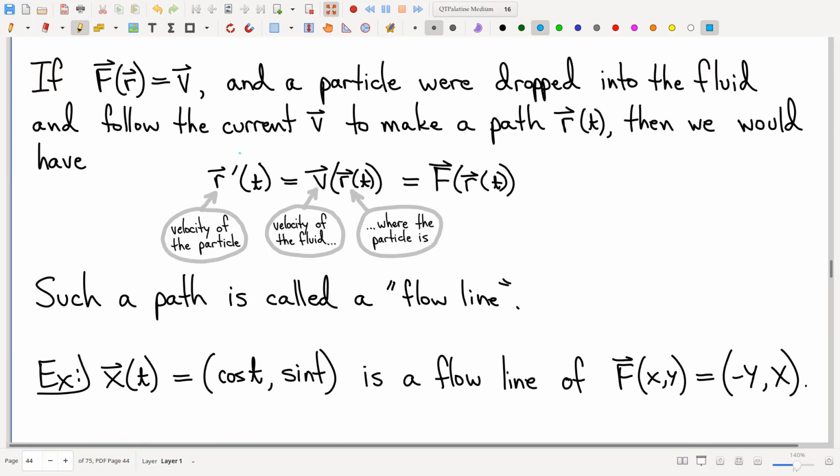Last idea in this section. This is actually a pretty straightforward idea. Keep in mind that sometimes our vector fields represent velocities, and sometimes in that fluid that's flowing around, you might imagine that some particle, some little massless, negligible mass anyway, just gets dropped into the fluid. By the way, I like to think about the surface of a river or a creek.